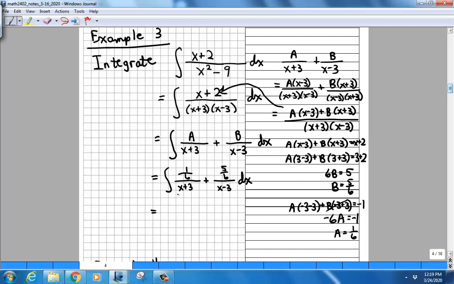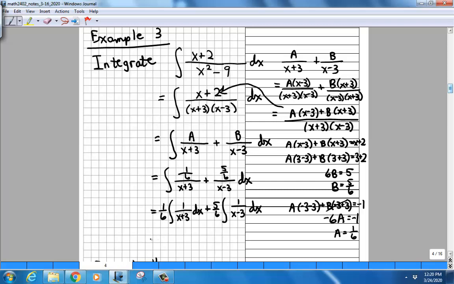Who wants those fractions in the integrands? So I can break up this integral into two integrals, right? And then I can also factor out these numerators to make the integrands look a little bit nicer. So I have 1/6 times the antiderivative of 1/(x + 3), right? And then plus 5/6 times the antiderivative of 1/(x - 3).